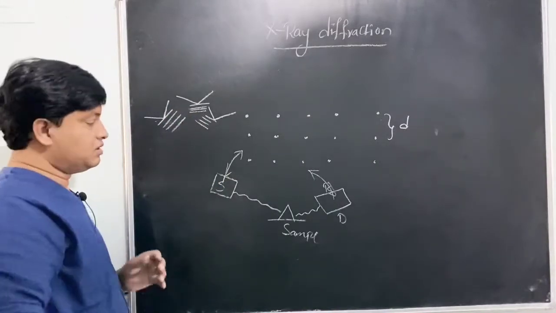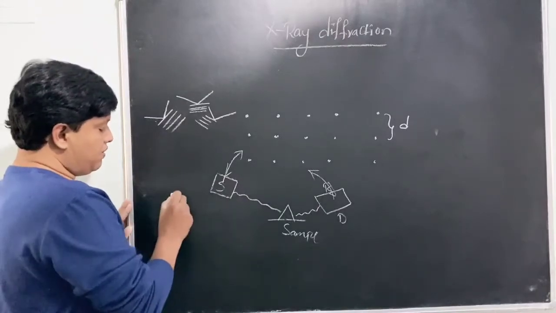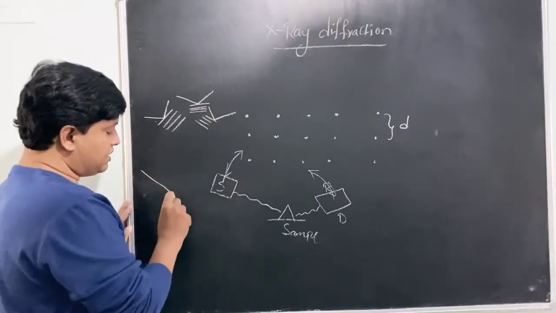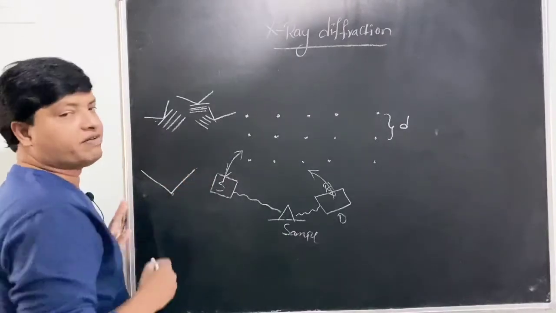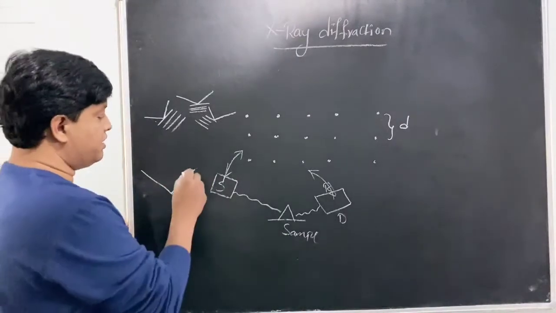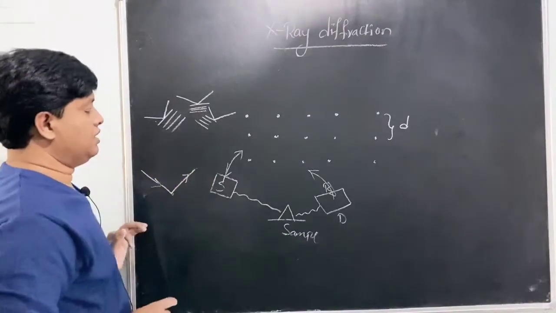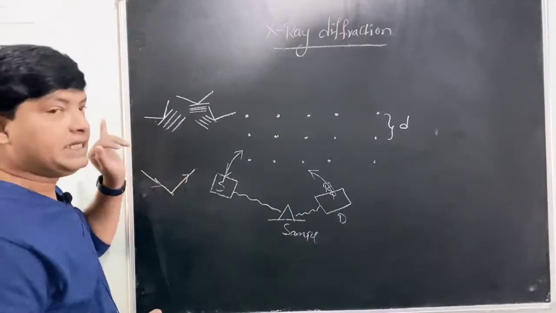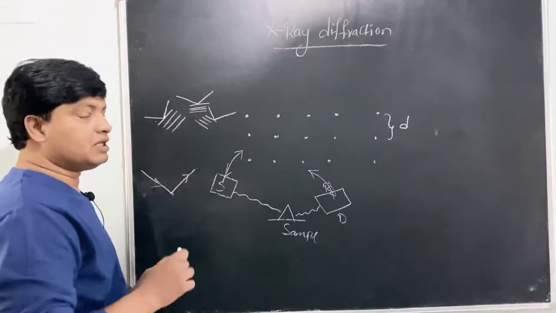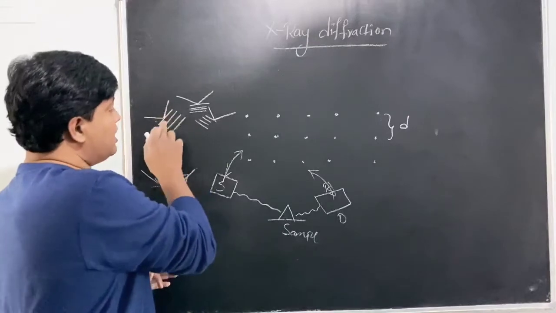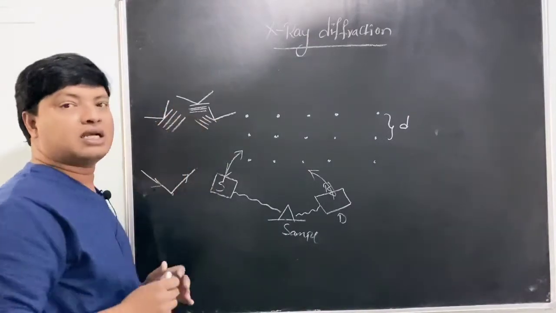So what does diffraction mean? Your atom is there, the X-ray will hit this atom, then it will be diffracted. So this is the diffracted ray, this is the incident ray. To get this diffraction, you need to hit at a particular angle. This angle depends on the arrangement of planes in the crystal.